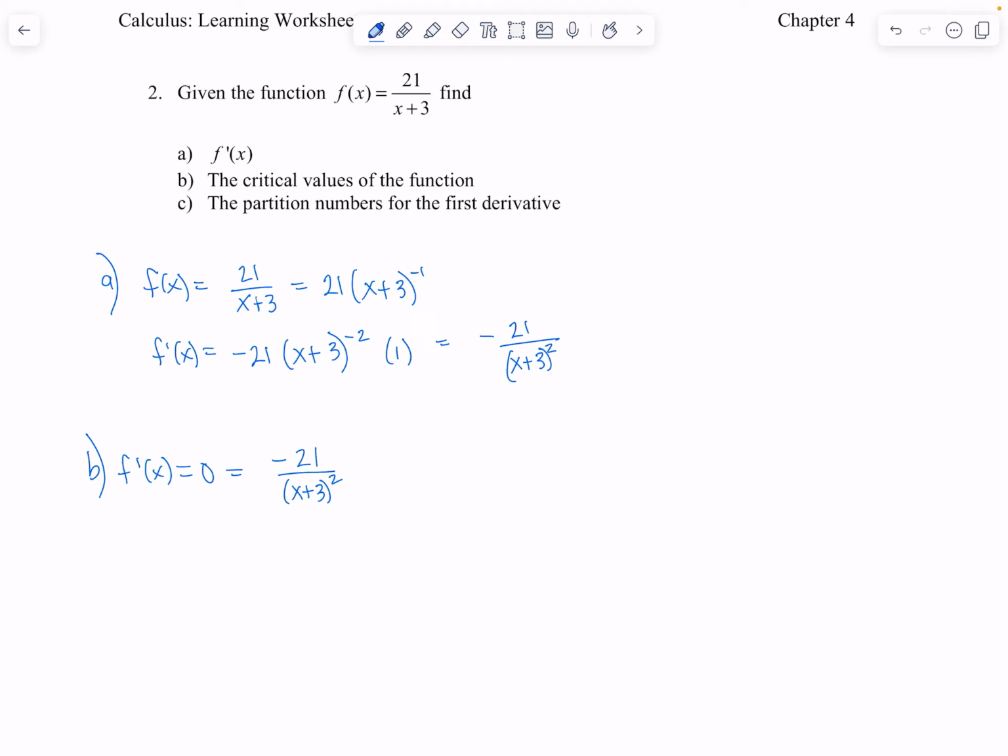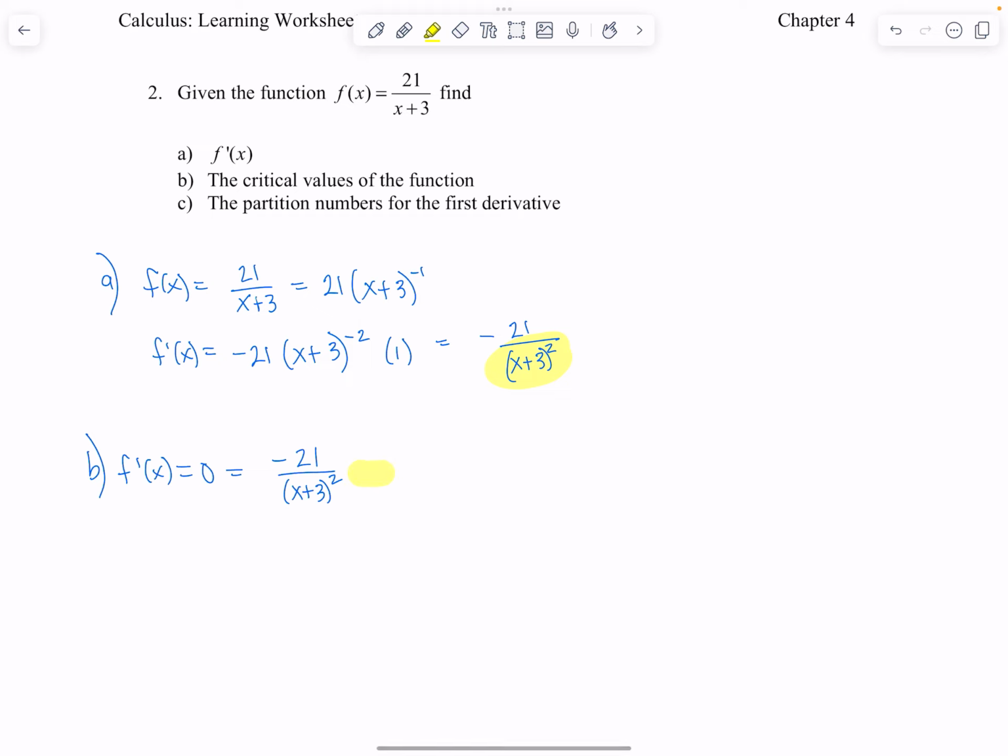And in this case, our fraction is always a negative number and never equal to 0. But we do have a spot where our function would be undefined. So that's what we're going to look at next.